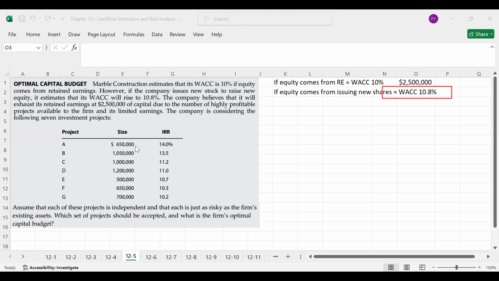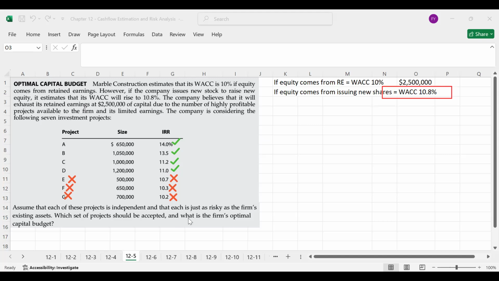You can see that project A has 14% return, B is 13.5%, C has 11.2%, D has 11%, whereas E, F, and G have returns which are less than the weighted average cost of capital. So we are not going to consider these projects because they are not profitable for the company as compared to its cost of capital.